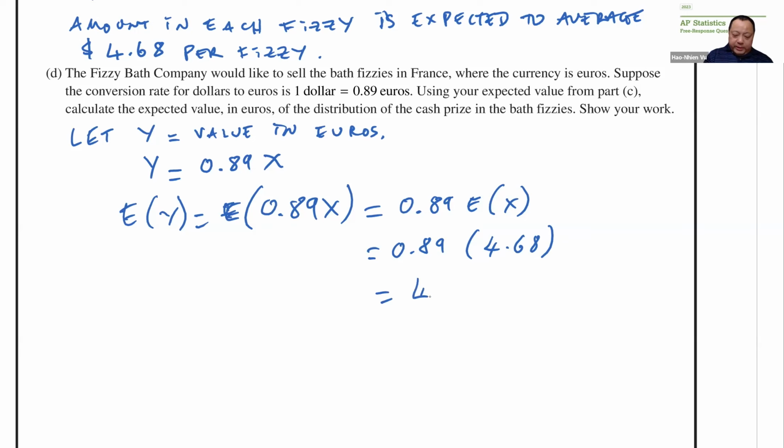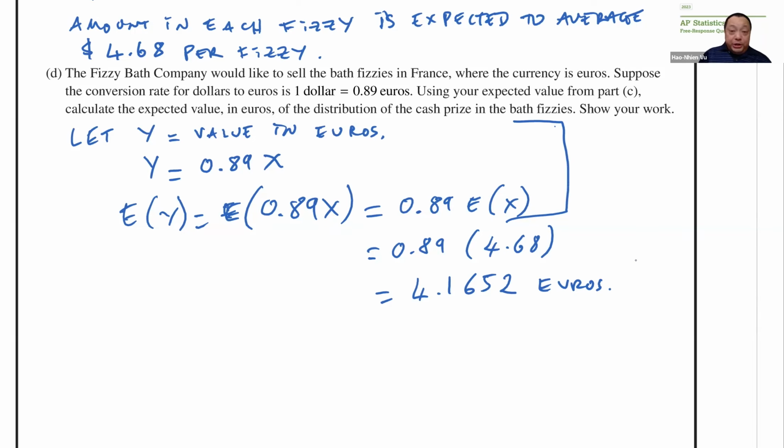And so I can multiply it like that, and I get 4.1652 euros. This is a full answer. It includes this part that justifies how you can just take the 4.68 and multiply by 0.89.